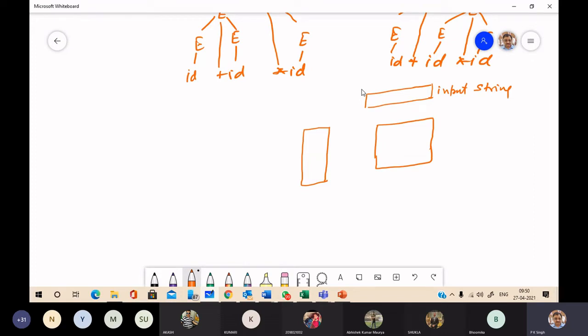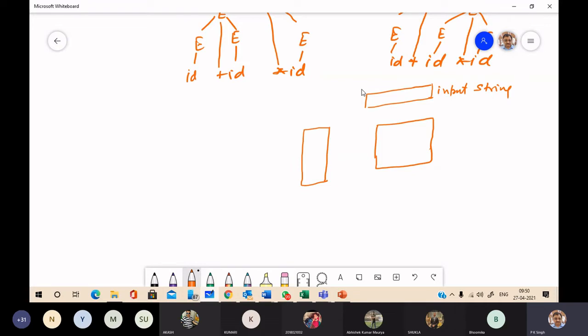If there is a handle, then it will pop out that many symbols from the stack, replacing the right side of the production, and push in the left side.